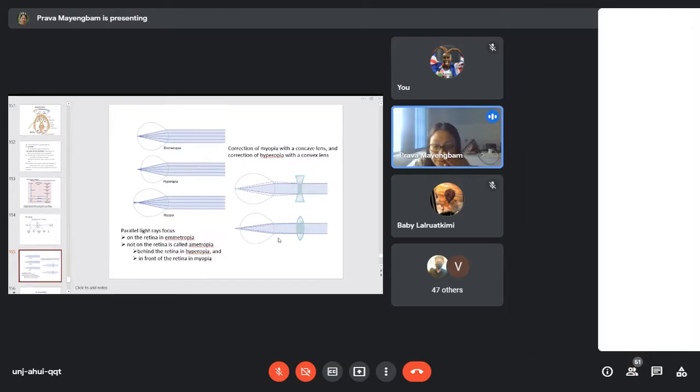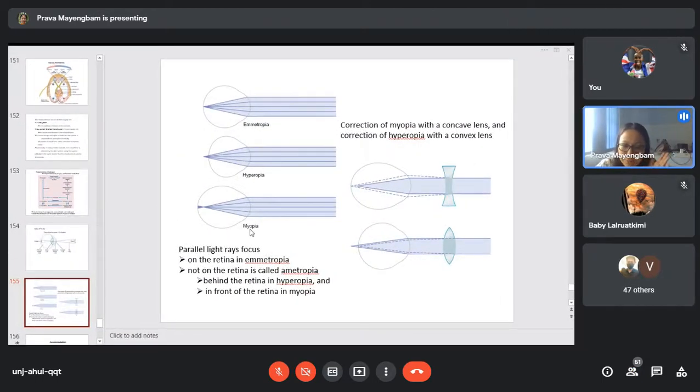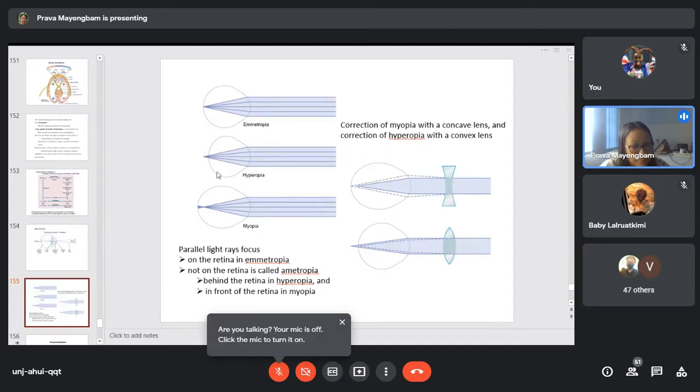No, sorry, what I'm telling is wrong. If the image is behind the retina, then it has to be brought forward, and for that it has to be convex. If it is concave, then the focal length will be lengthened.